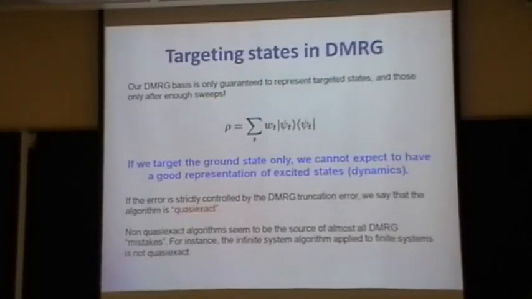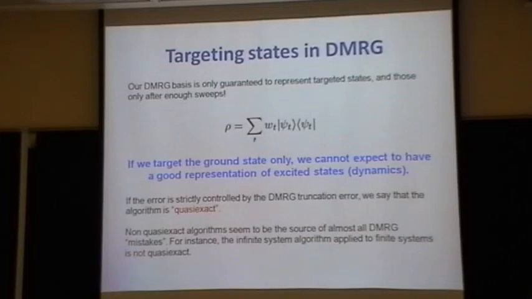Okay. Another important step is targeting. Steve discussed this, so what we do is, at every step, we have to build a reduced density matrix with the ground state wave function that we find. But this density matrix and subsequently the DMRG ground state, or the algorithm in general, will only grant us a good representation of this state and only this state.